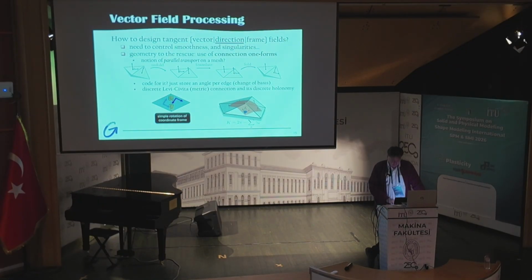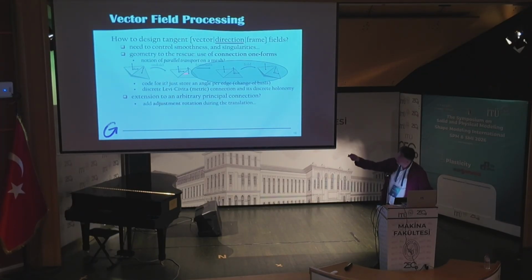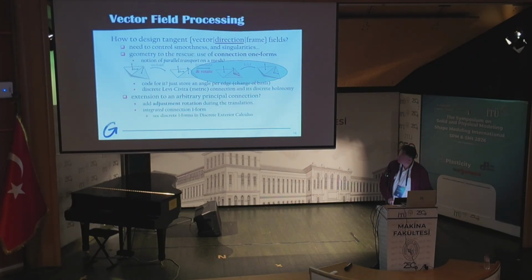Okay, so we have defined a notion of Levi-Civita connection. Turns out that Levi-Civita is just one particular type of connection, but you can actually extend it to any principal connection. What you simply do is, instead of doing this very naive or very canonical way of doing parallel transport, instead of just doing one single translation from this vector to this vector, you also add a tiny adjustment, a tiny rotation.